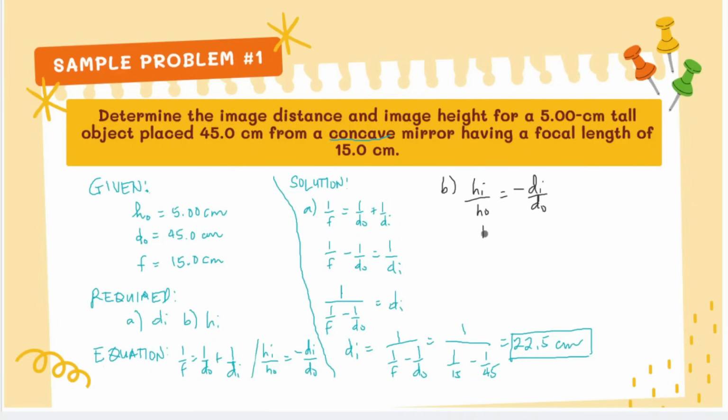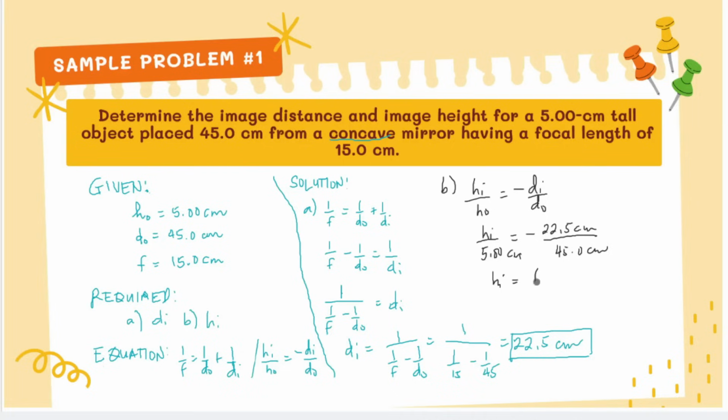So HI over 5.00 is equal to negative 22.5 cm divided by DO, which is 45.0 centimeters.